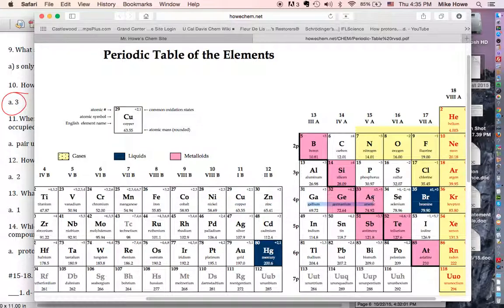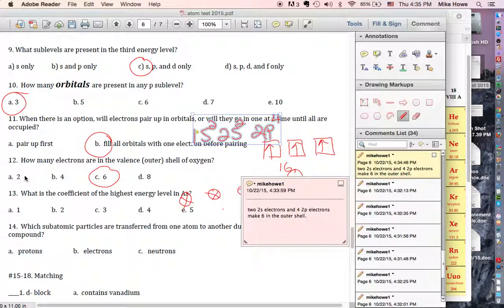Arsenic is in the 4p row. See it right here? So since it's in the 4p row, we know that the coefficient in its outer shell is 4. So the answer to that question was 4.